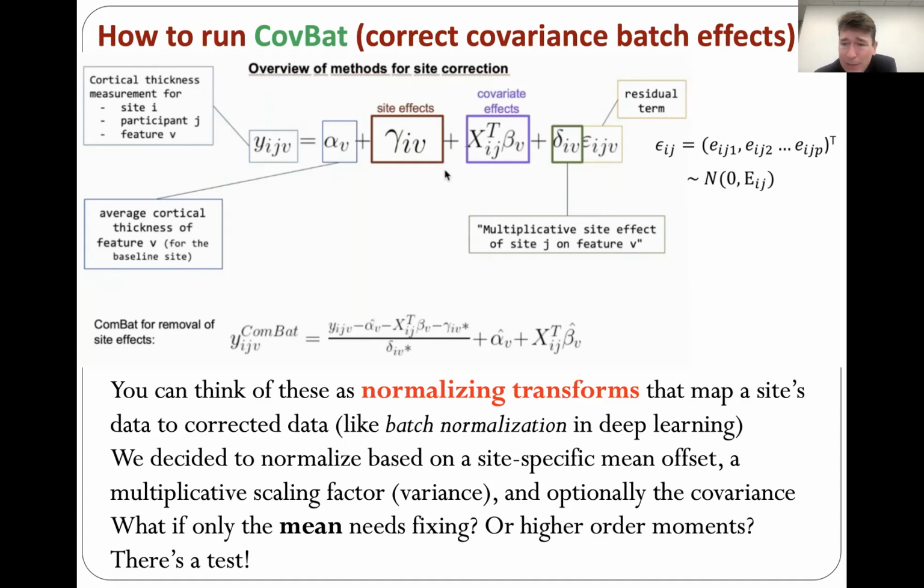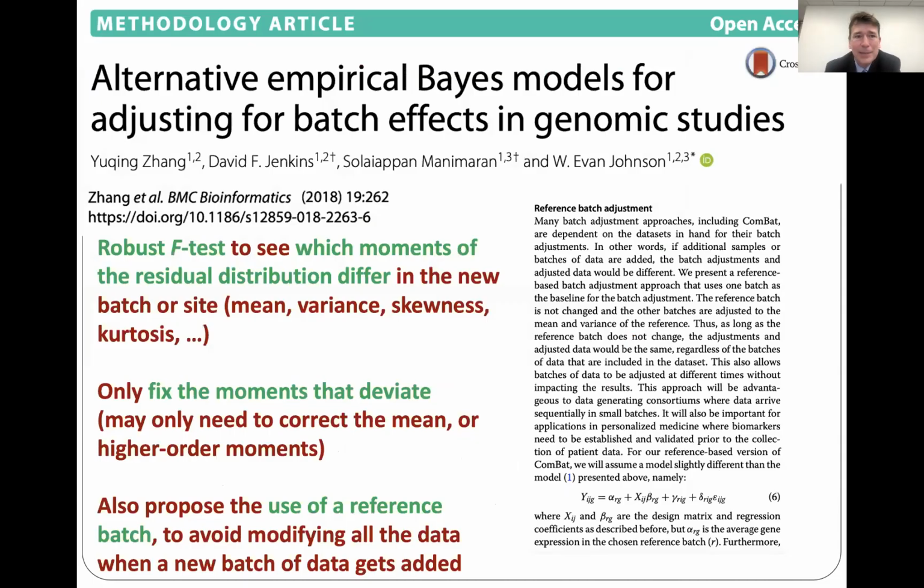And then when you project each site's data onto that basis, you can scale and shift the coefficients in that eigenfunction expansion. So these are all normalizing transforms, a bit like batch normalization in deep learning. And you can shift the site's data, its mean, its covariance, and maybe only the mean needs fixing or higher order moments, and just to find out, there is actually a test.